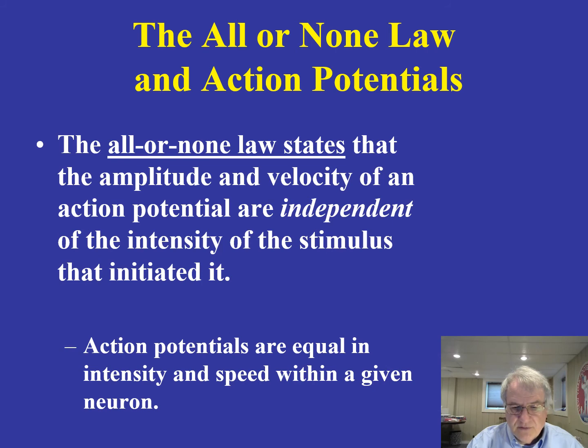The action potentials that occur are going to be equal in intensity and speed in any given neuron. So again, you go back to our toilet flush analogy: it doesn't matter how hard or how fast you press down on that flushing mechanism, you're always going to get the same result. That is, the flow of the water is going to be identical. The same holds true in terms of an action potential.